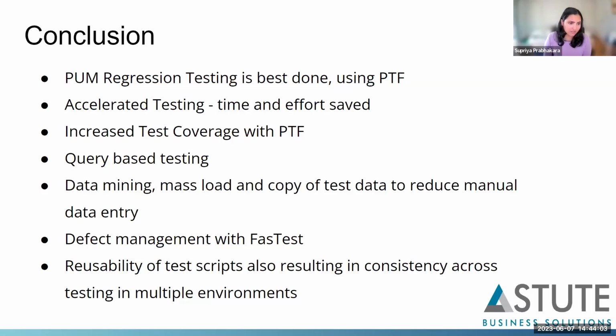It also gives you increased test coverage and query-based testing. And we also have data mining capabilities, where users don't have to go in and enter the data manually. Thousands of rows of data can be loaded at once with the mass data upload features, and we can also copy the test data, rename it with a different test case and execute it.